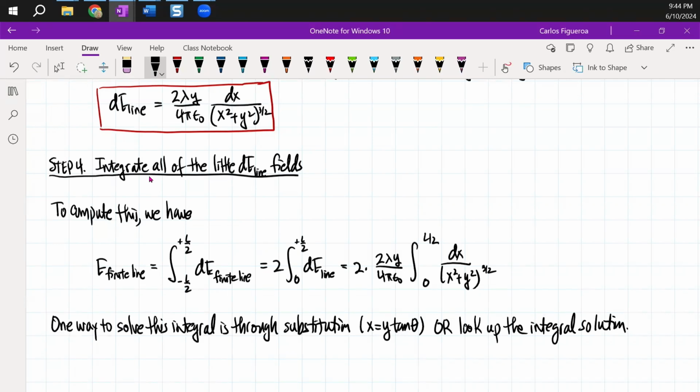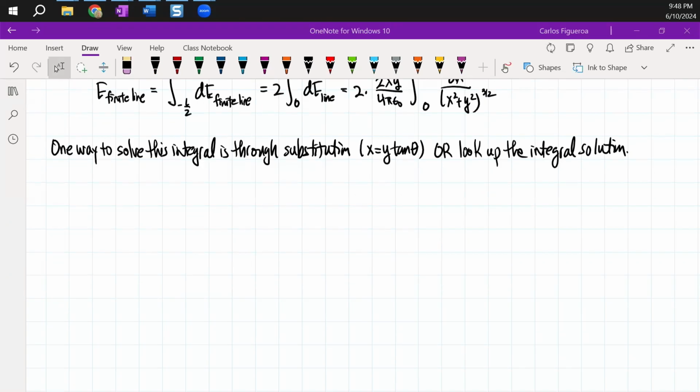Again, I think of mathematics as a tool. So here's the solution that I ended up looking up.